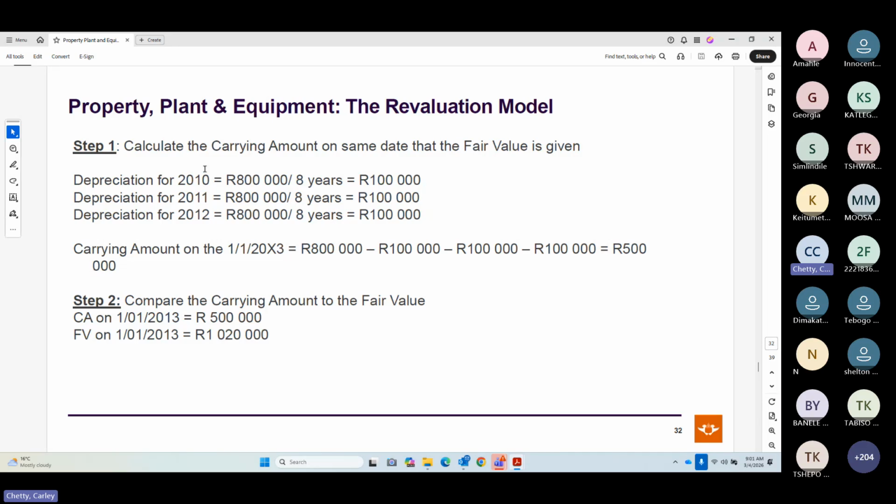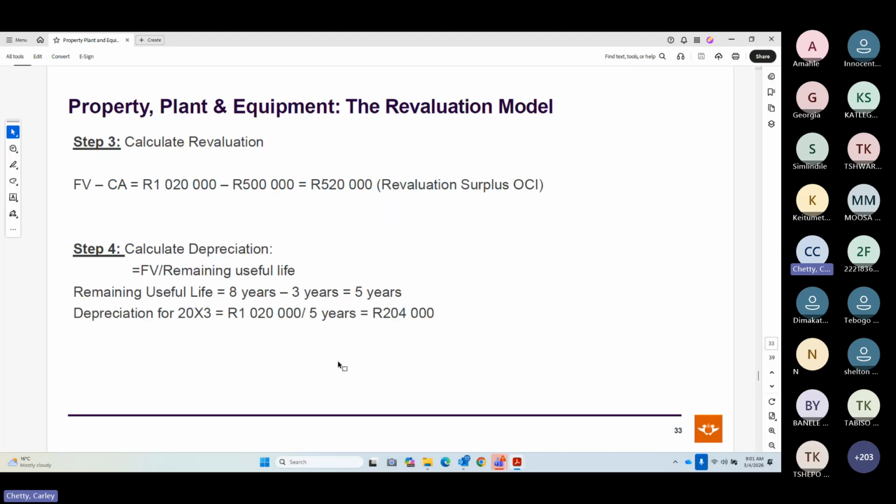So if we add up how many years we depreciated for, it's 1, 2, 3 years. So we have depreciated the asset for 3 years. So when we determine our remaining useful life, we are going to take the total useful life of 8 years minus the 3 years depreciated, and this will leave us with 5 years remaining useful life.